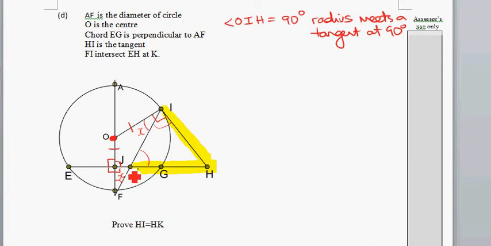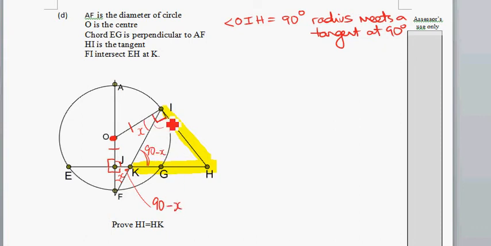I could work out that one in there, because there's a very small triangle in here whose three angles add to 180. Minus 90 for the right angle means these two add to 90, so this angle in here would be 90 minus x, and because this one here is vertically opposite it, this angle would be 90 minus x.